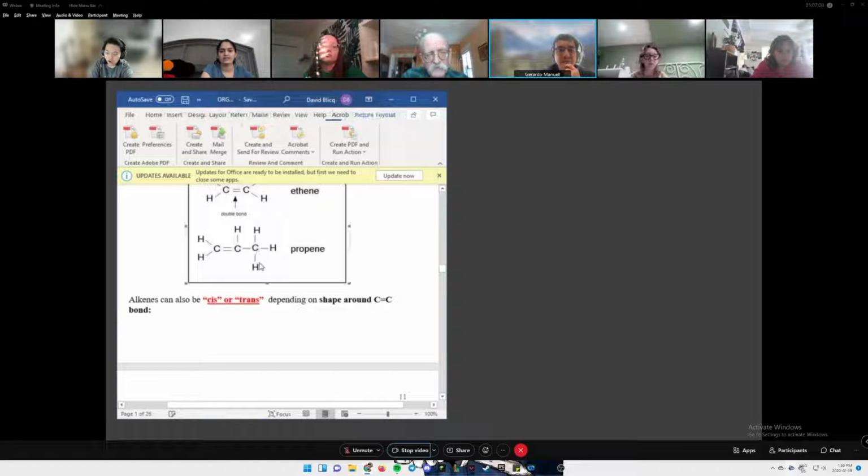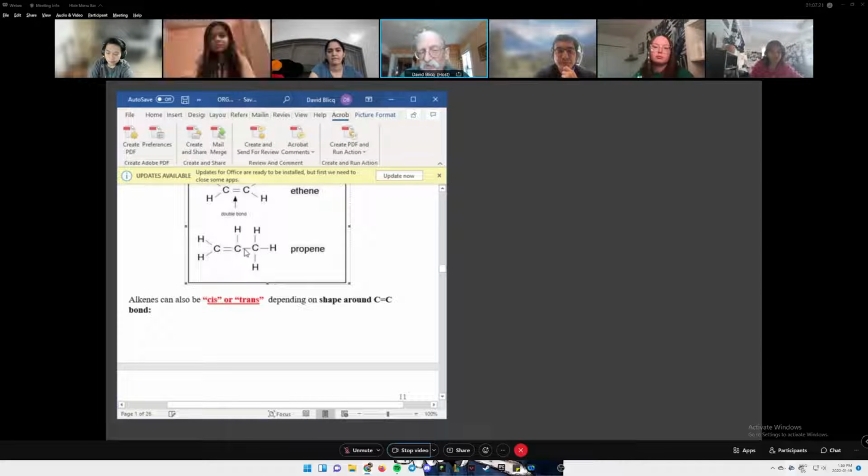What if I started from the other end? Truth is, this is the same structure facing either direction. There's only 3 carbons. There's no other way to do it. If you drew it at this end, it's just the same compound, looking at it from the other side. There is no other variant here.